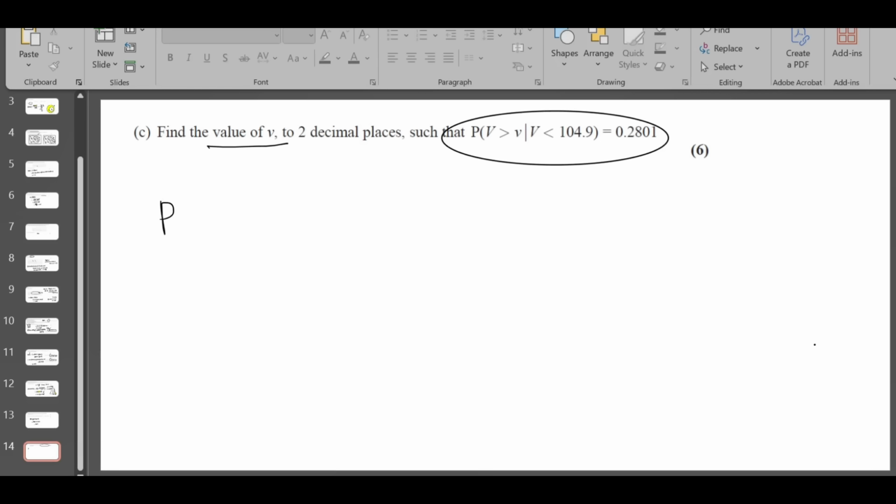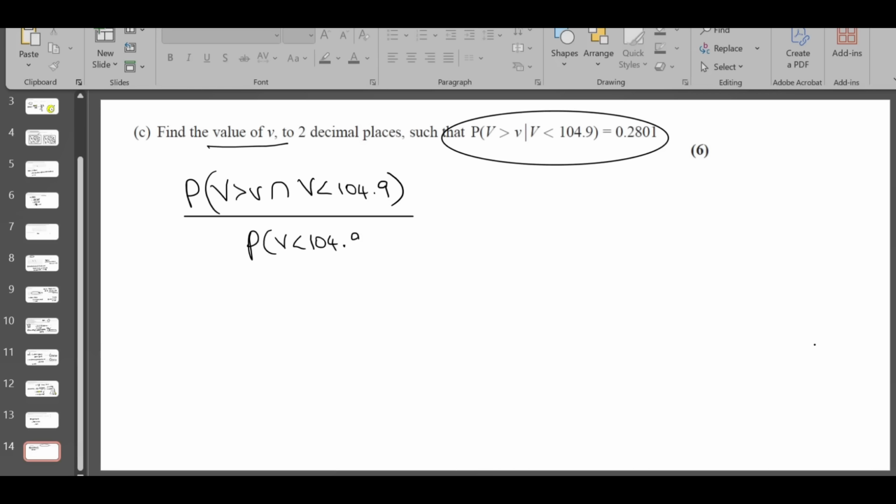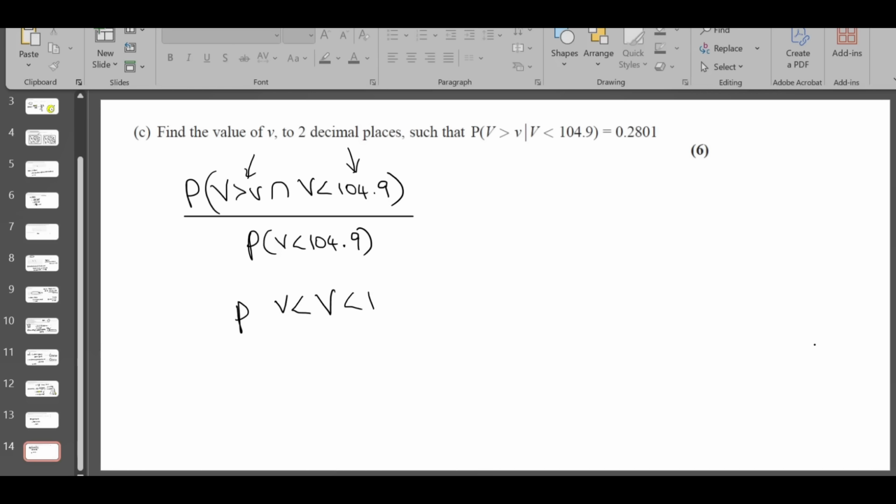P of A given B is P of A intersection B over P of B. V is bigger than this, smaller than this, so you can combine and write it this way: V is less than 104.9, divided by P of V is less than 104.9.